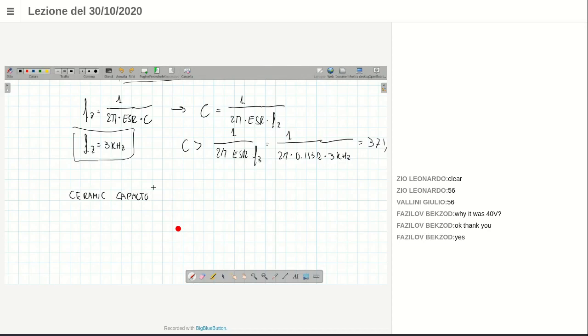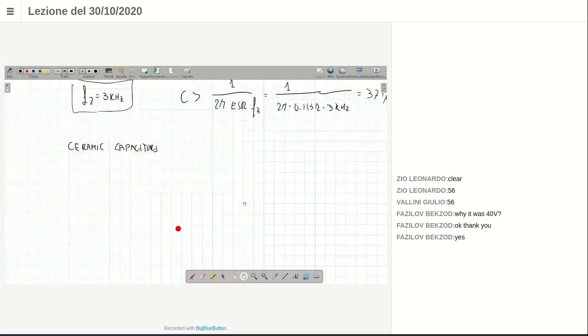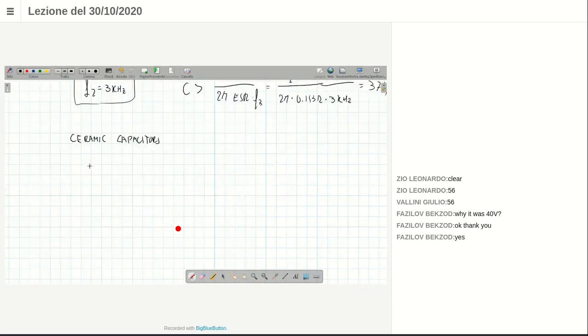The discussion on the ripple is quite different. If we look at the impedance of a ceramic capacitor, the equivalent circuit is more or less the same, but ESR is almost negligible.